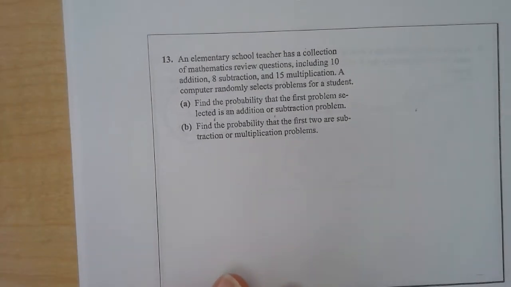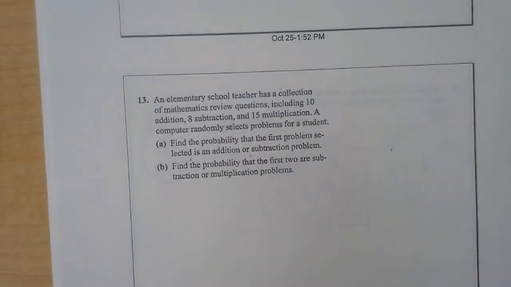Number 13, an elementary school teacher has a collection of mathematics review questions, including 10 addition, 8 subtraction, 15 multiplication. A computer randomly selects problems for the student. Find the probability that the first problem selected is an addition or a multiplication problem.